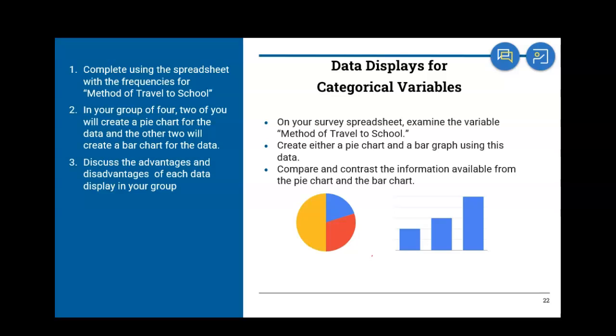Okay? All right. Sebastian, you start with pie chart. All right, y'all two. You can do pie chart first, and then y'all do bar graph. Pie chart first. Start with pie chart. Top half. Okay, this table. Y'all two can do pie chart first. Y'all can do bar. So, method of travel?